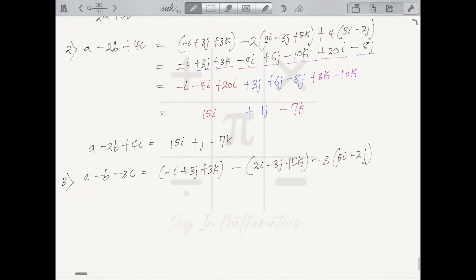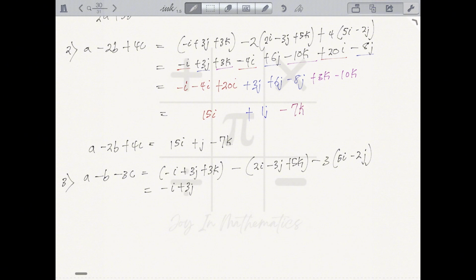So let's open up the brackets, and this will result into minus i plus 3j plus 3k. We open up this with negative 1, so this will give us minus 2i plus 3j minus 5k. And finally we open up this with minus 3, so this will result into minus 15i plus 6j.